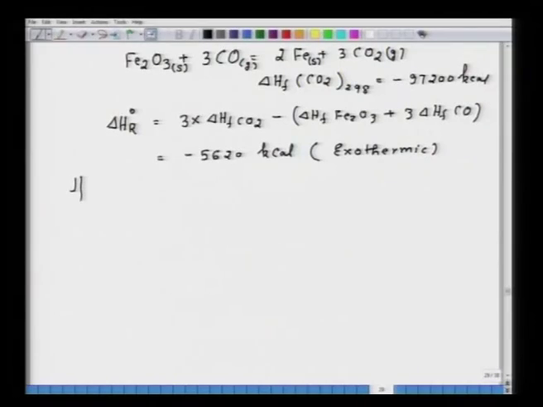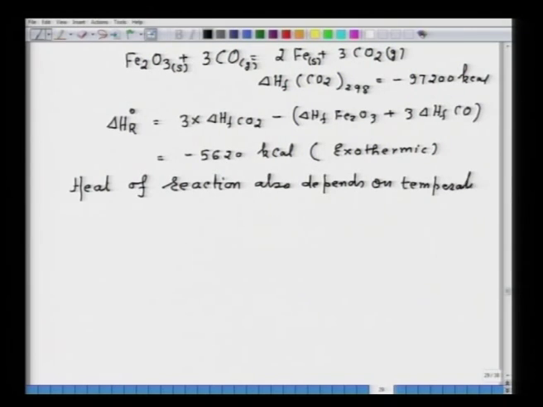Now, the heat of reaction also depends on the reaction temperature. It is the temperature of the reactants as well as the temperature of the product.